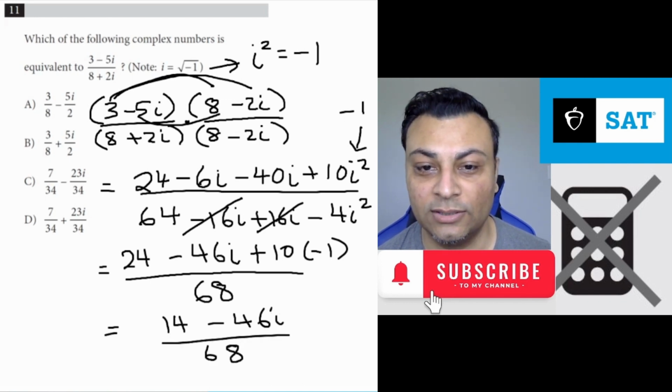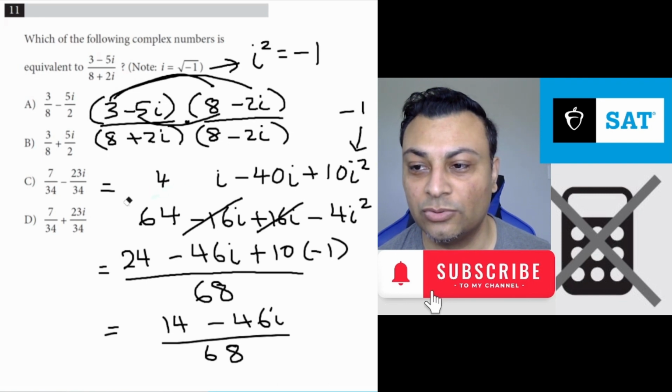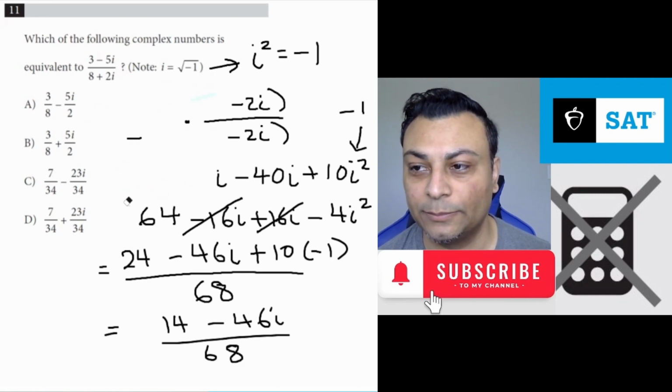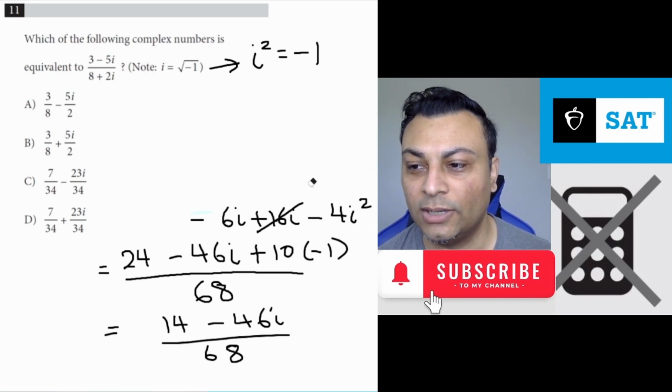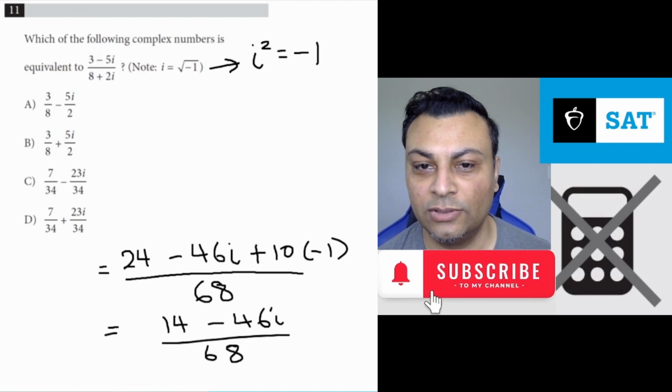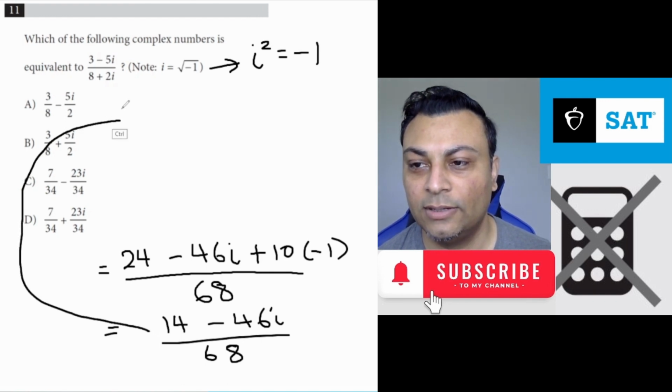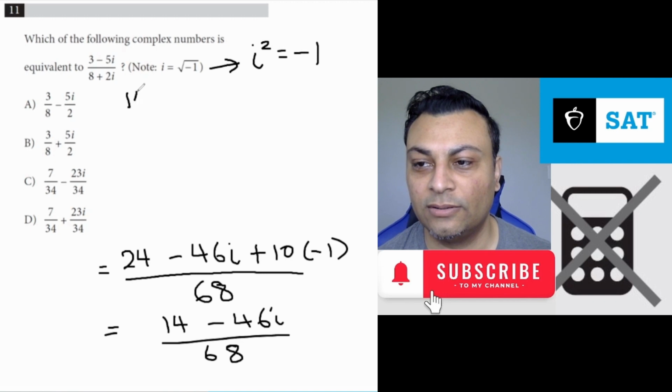Now, we're almost done. What I want to do is simplify that a little bit. So we have 14 over 68 minus 46i over 68.